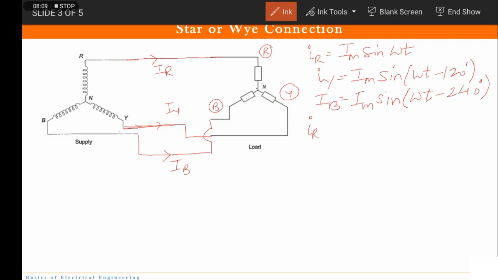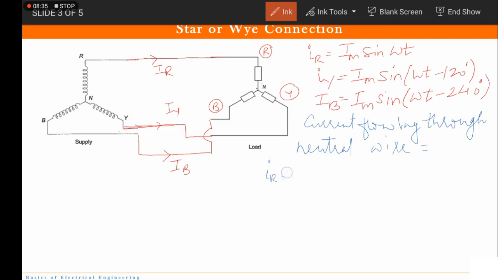So the current flowing through the neutral wire is the sum of all phase currents. When I add all three currents together, I get the current flowing through the neutral wire.